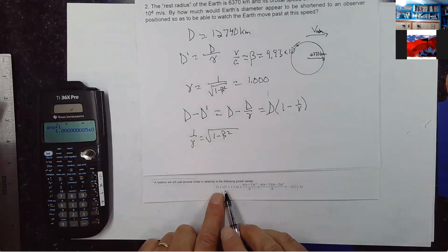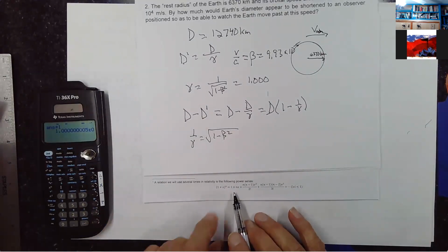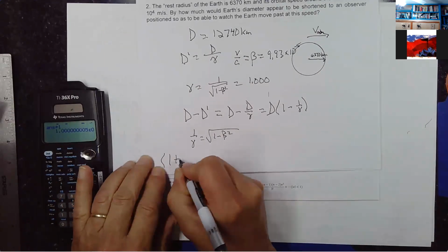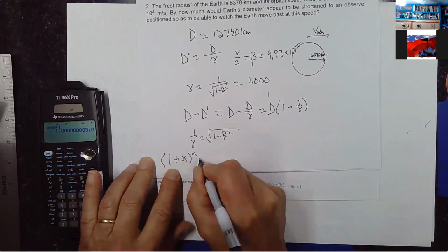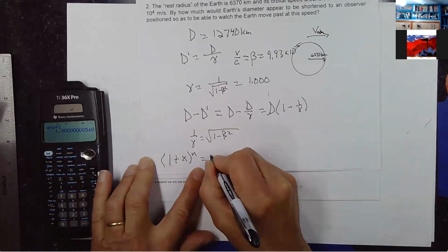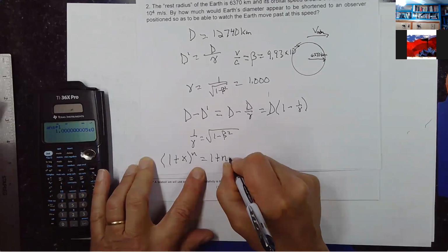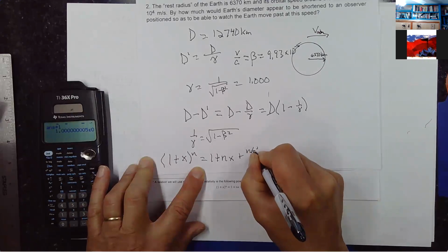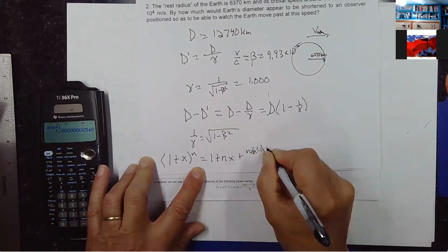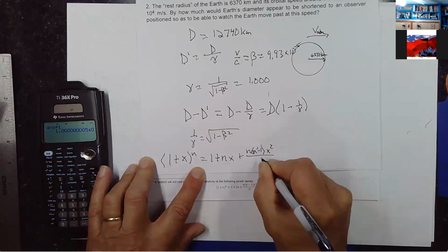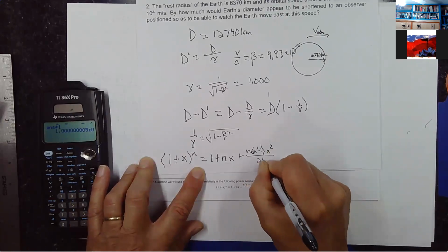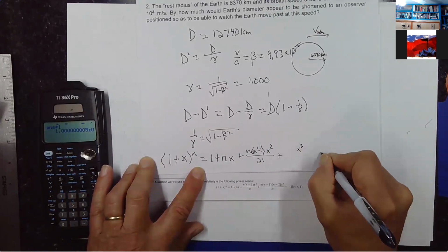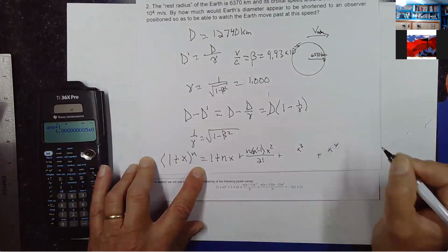This power series can work out pretty well here. 1 plus x to the n, I'll write it bigger here because it's probably too small to see, is equal to 1 plus nx plus n times n minus 1 times x squared over 2 factorial. And then you keep going. The next term has x cubed. The one after that is going to have x to the fourth and so forth.